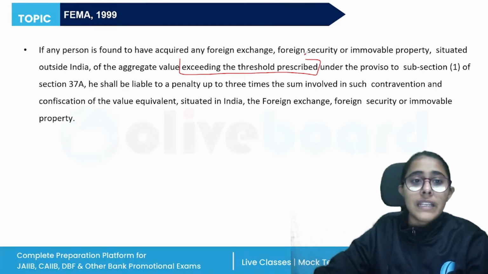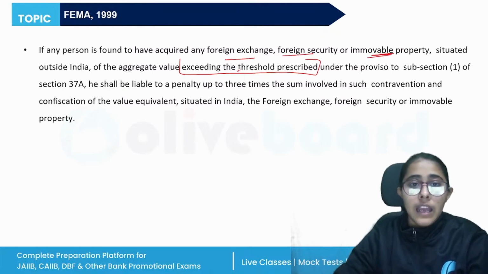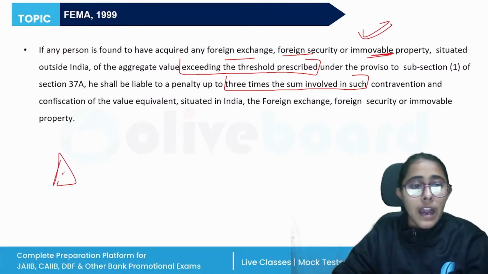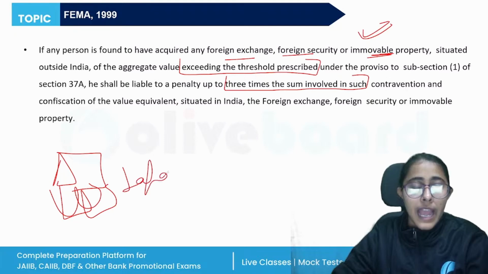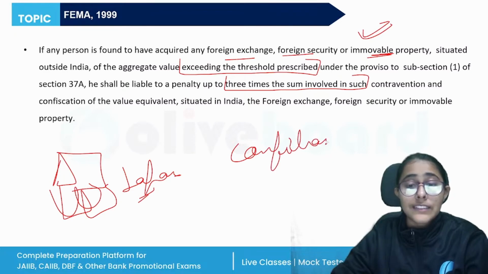So let us come back to the provision. It says that if any person is said to have acquired any foreign exchange, foreign security or immovable property exceeding the threshold limit, then the penalty will be up to 3 times the sum involved. Plus, when we are talking about immovable property, let's say a house has been acquired by a person in Japan and it is beyond the threshold level, then confiscation of the property of the same value will be done in India.